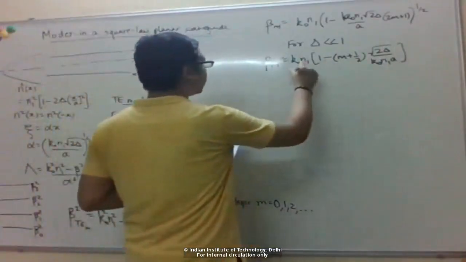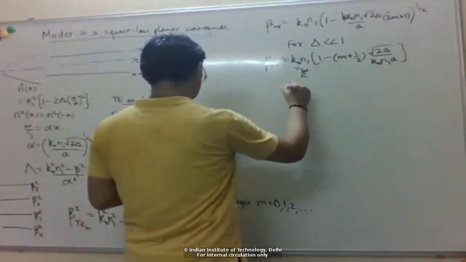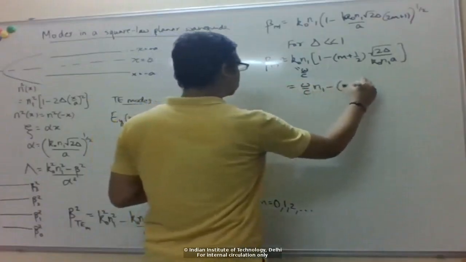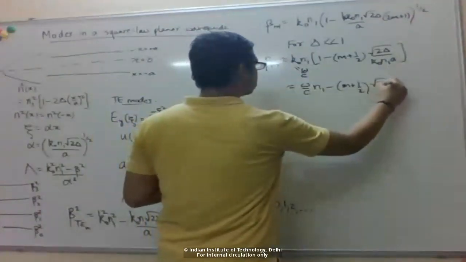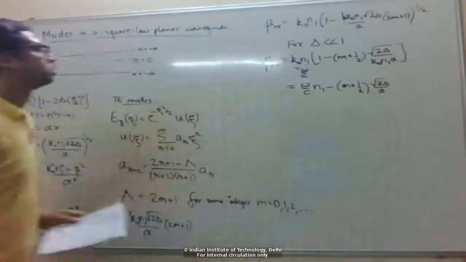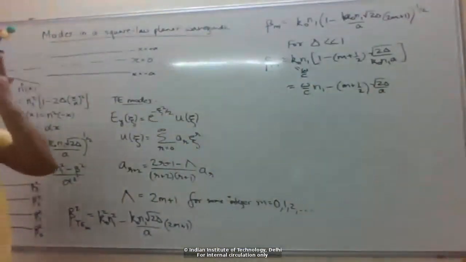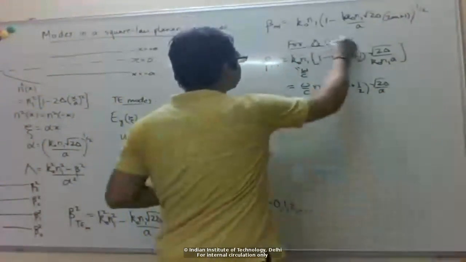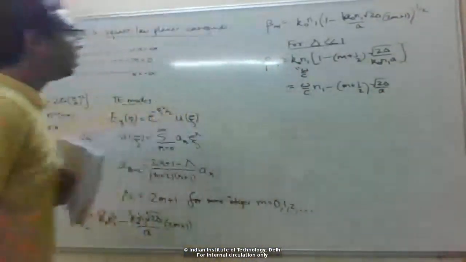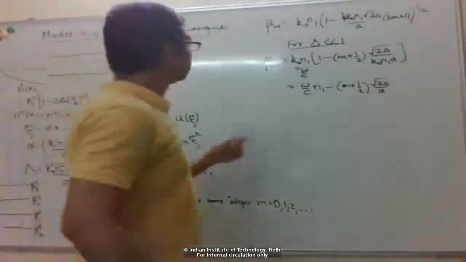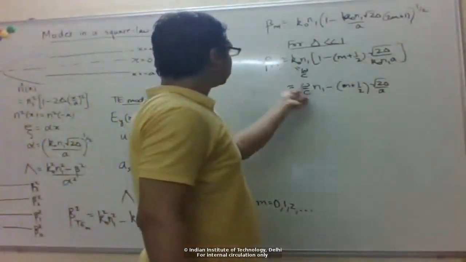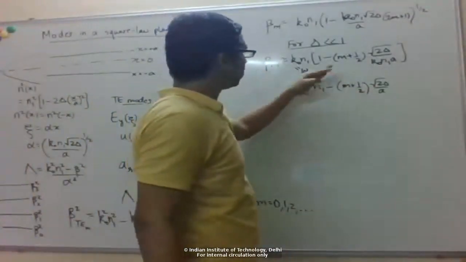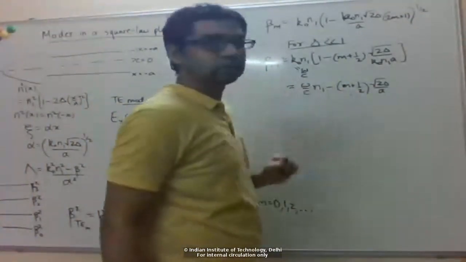So we just multiply this out and write k naught as omega by c. So we get this. Right. So under the weakly guiding approximation, where the index contrast is small, we can see that the propagation constant also now has values which are equally spaced.